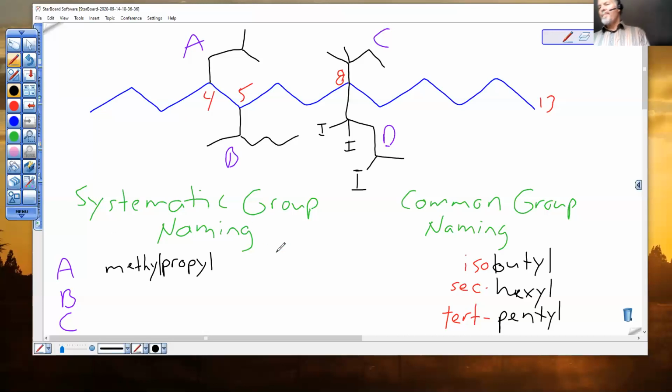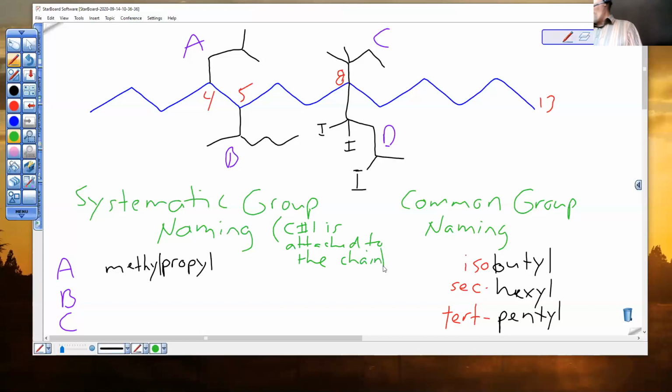Systematic group naming: C number 1 is the carbon attached to the chain.